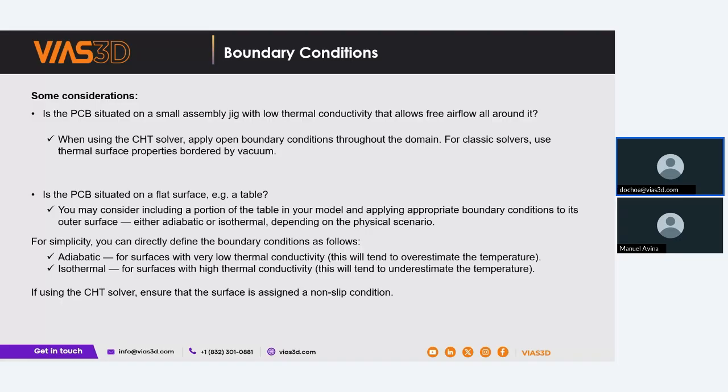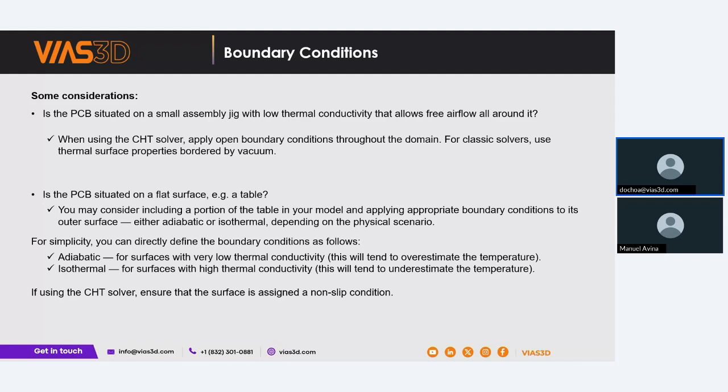You can use either adiabatic or isothermal, depending on the physical scenario. Or you can go further than that and remove the table, and simplify the analysis even more by directly using either adiabatic or isothermal boundary conditions.